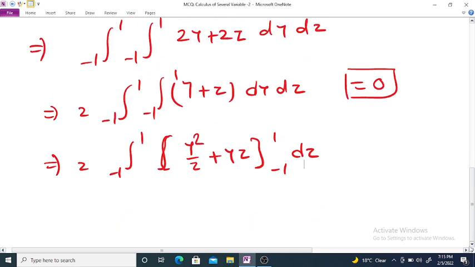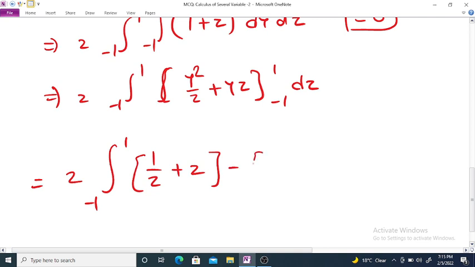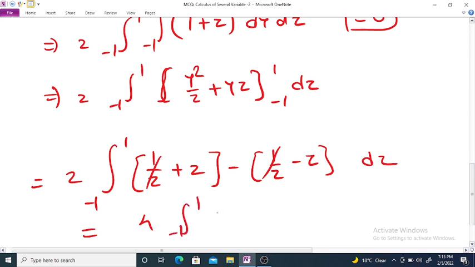If you substitute the upper and lower limits, this is equal to 2 times the integration from minus 1 to 1 of 1 by 2 plus z, put y equal to 1, minus 1 by 2 minus z dz. Again the 1 by 2 gets cancelled, and z plus z is equal to twice z. So this is 4 times the integration from minus 1 to 1 of z dz, and the integration of z is z square by 2, with the limit from minus 1 to 1, 4 times.